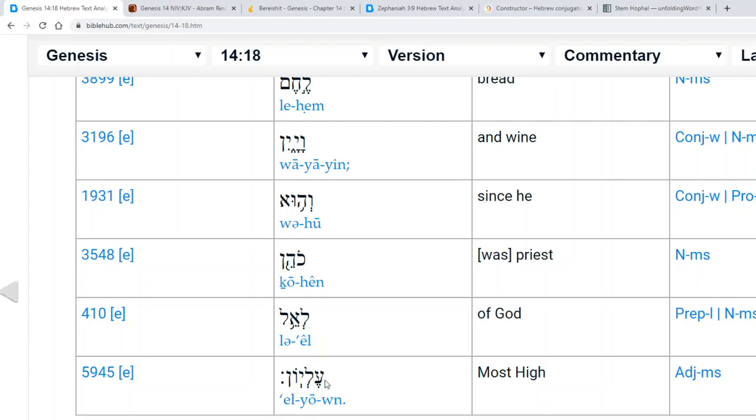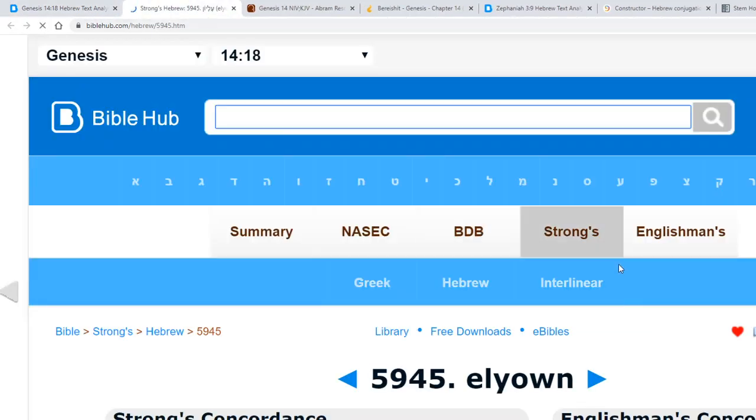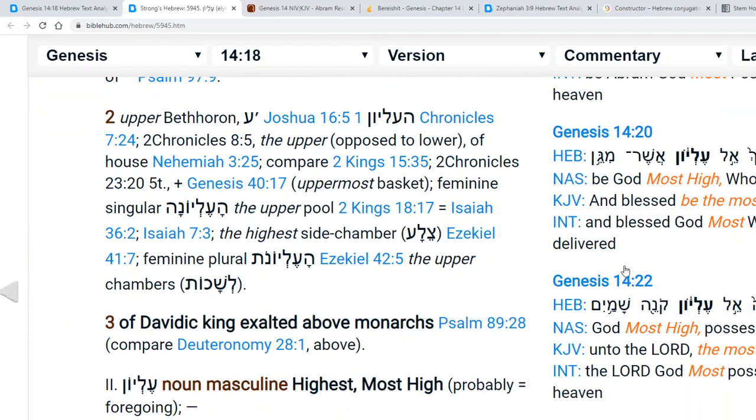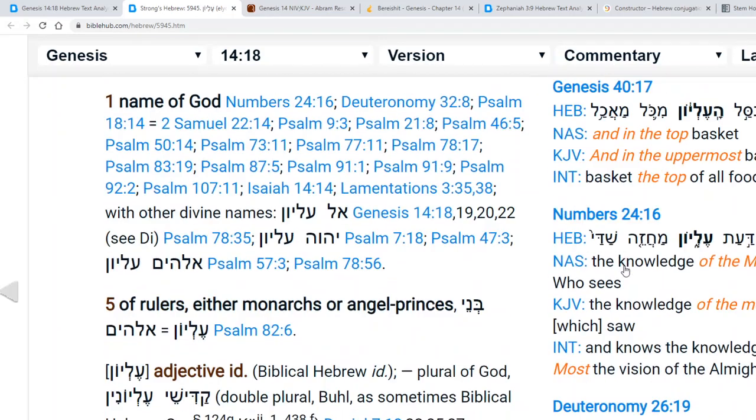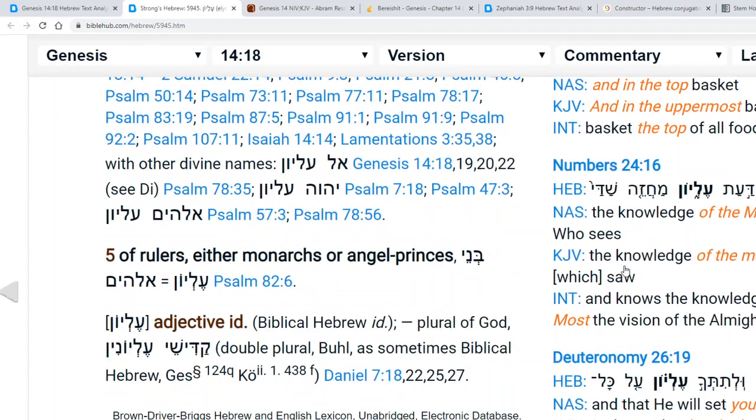Elyon is written bemilui, written completely. Elyon means high, most high. I don't know how much El Elyon is used. It's used in this chapter many times.